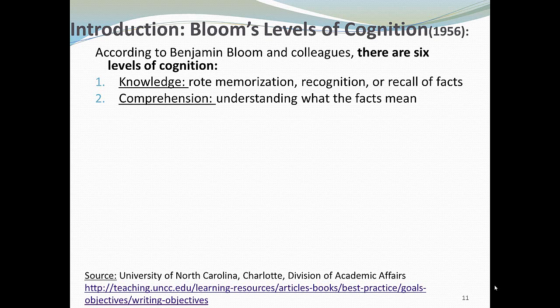Comprehension would be a level above that. So understanding, for example, why there's a pattern in multiplying 9 times 1, 9 times 2, 9 times 3. The next level above that would be application, the correct use of facts, rules, ideas. These are all very familiar to all of us from our schooling.